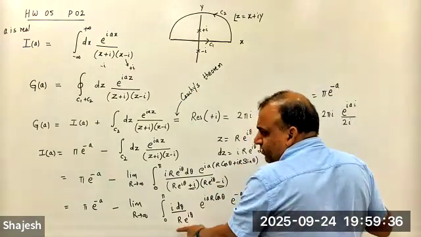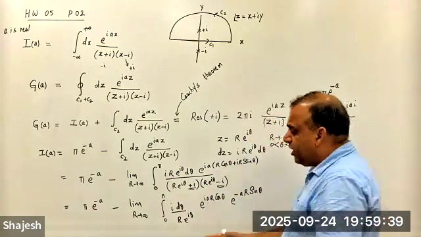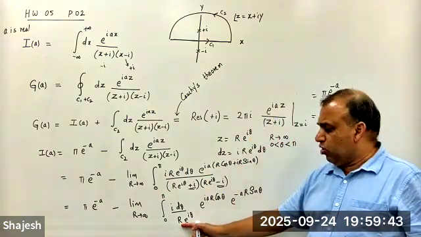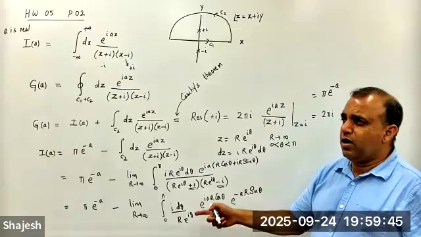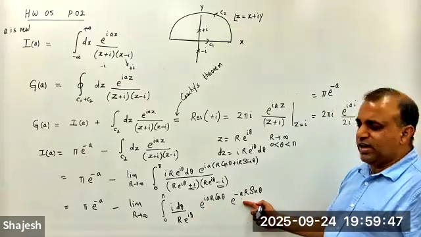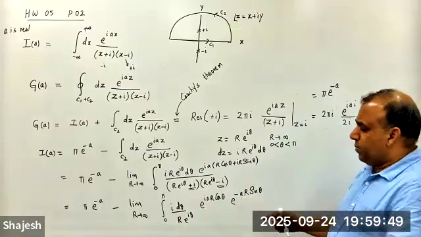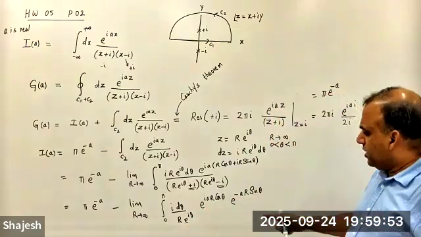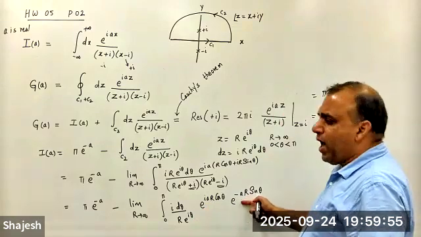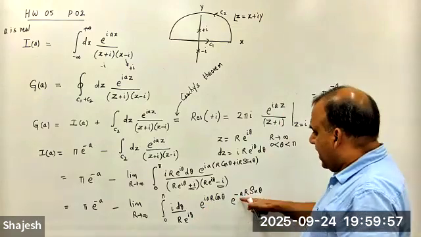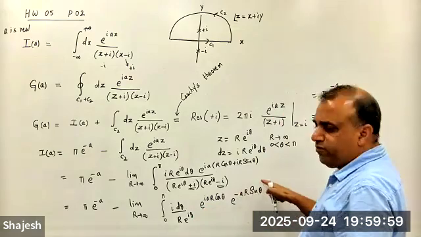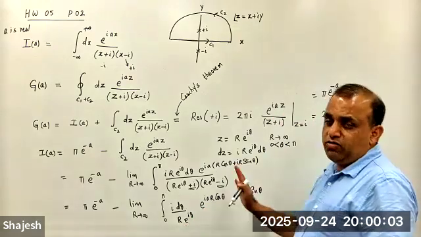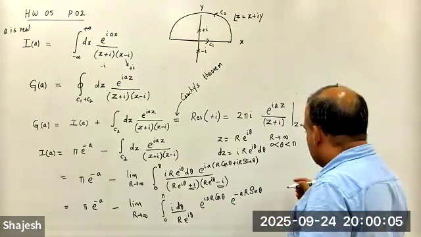Notice that for a very large R there is a 1 over R. But we still have to worry about the exponential, because the exponential can beat the 1 over R dependence. Let's argue what happens to the exponential.